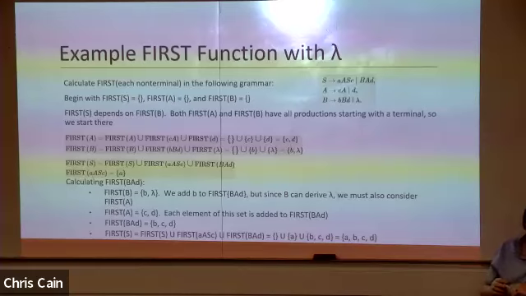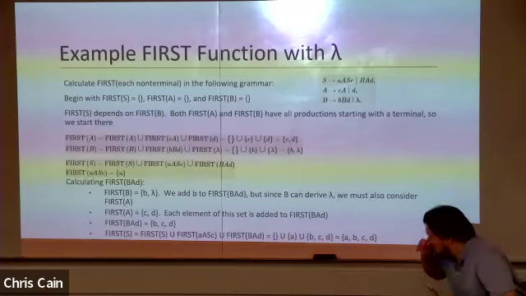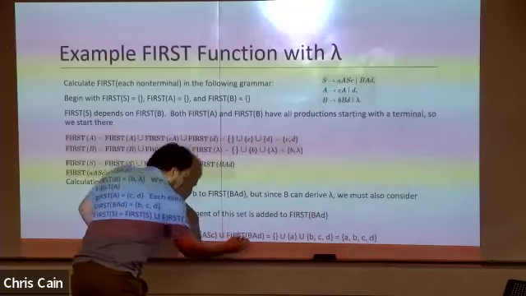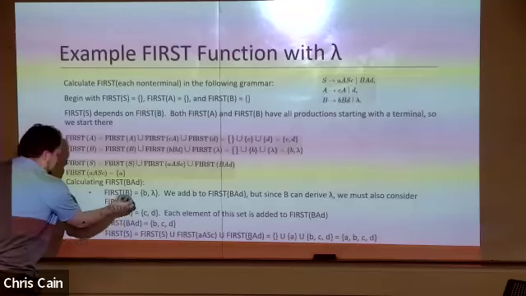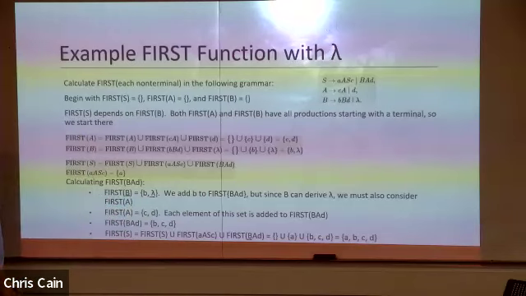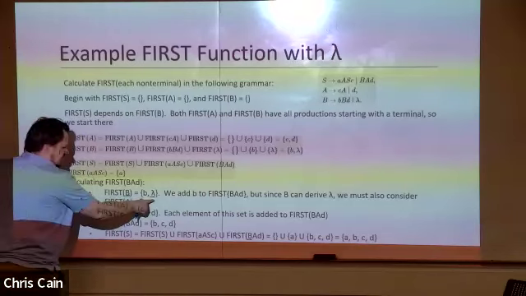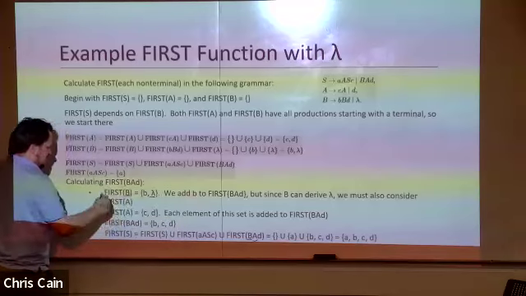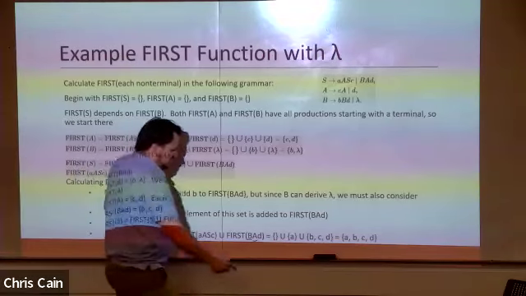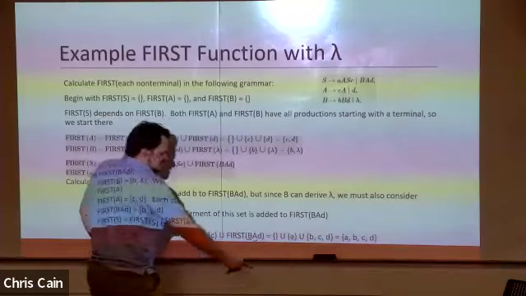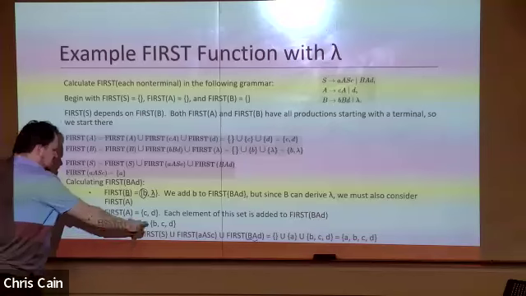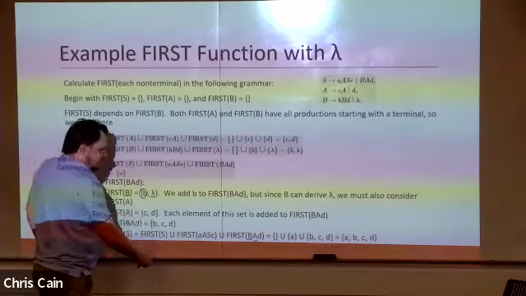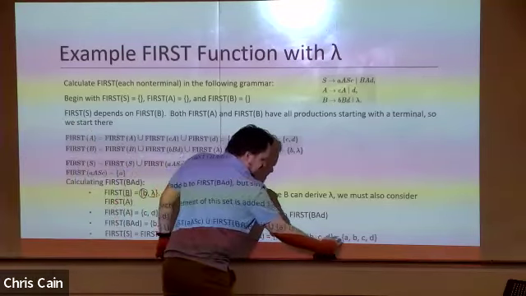It's because we answered that question recursively. That's a great question. So it only depends on the first of B here, but when we look at first of B, we saw that it included this lambda. So this lambda tells us that we also need to consider the first of the A here. So we calculated first of A to be this C and this D. If we're looking at where the answers come from, this B was responsible for this B, which was responsible for this B. This C and D were responsible for this C and D. So we queried this by seeing this lambda.